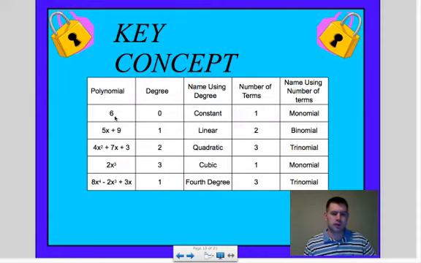There is no variable here, so it's a 0 degree. Here we have a 1, so that's a first degree. Here we have a 2, so that's a second degree. Notice that this is a 1 and this is a 0, but the 2 trumps it. It's the highest one.